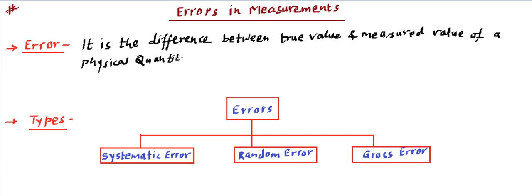So that's how we can define the error. Error is the difference between true value and measured value of a physical quantity.